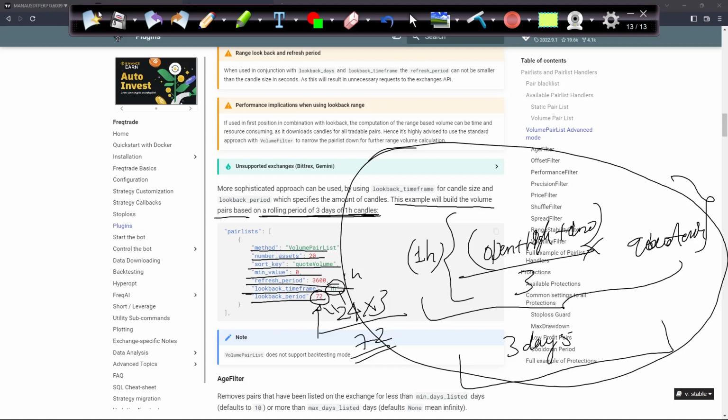So because that's what we are doing here, we are averaging down this volume to a certain level, and that's how we calculate it. Okay, and rolling it with 3 days, 72 periods, 72 candles, it makes sense.